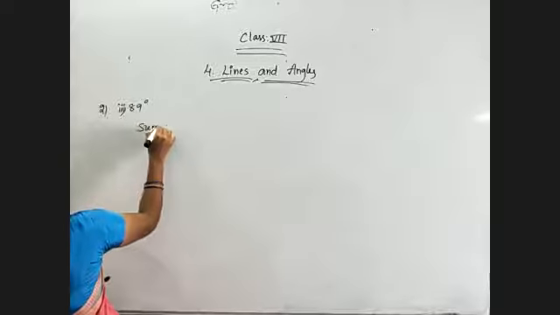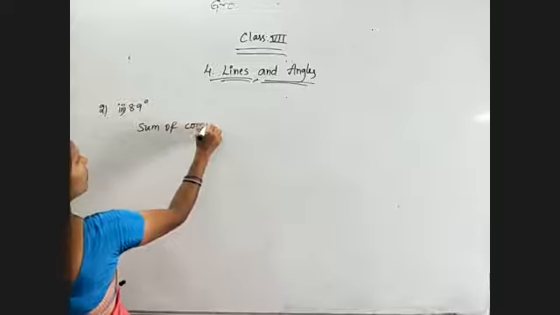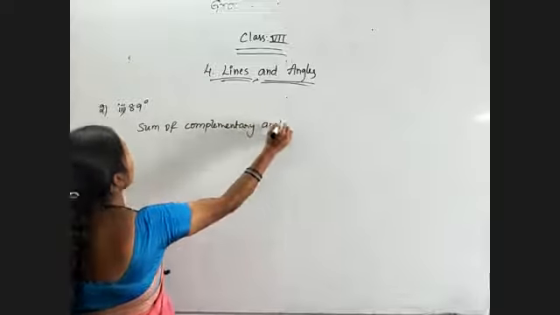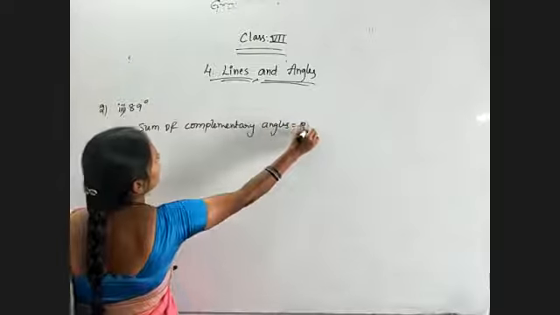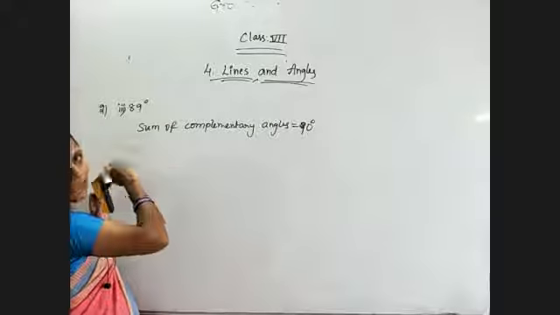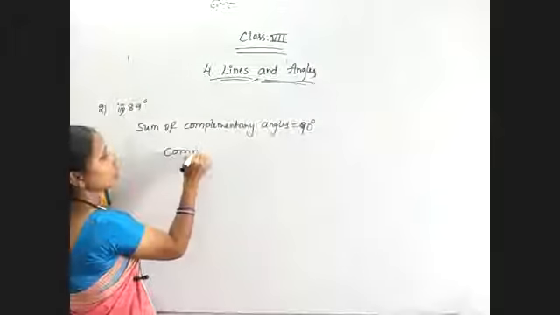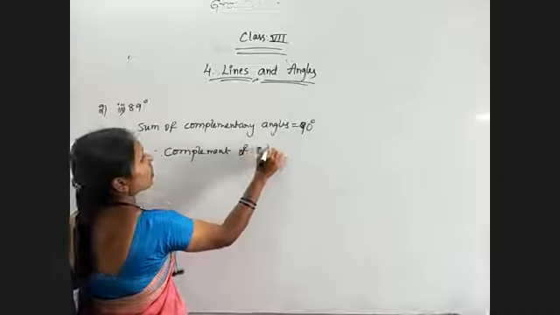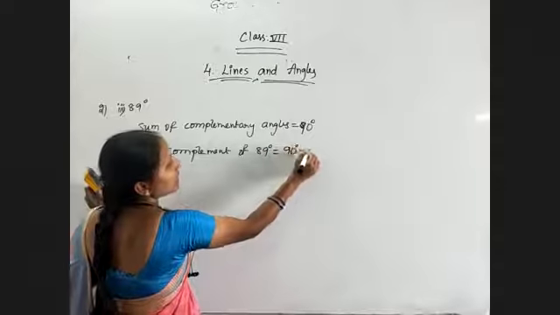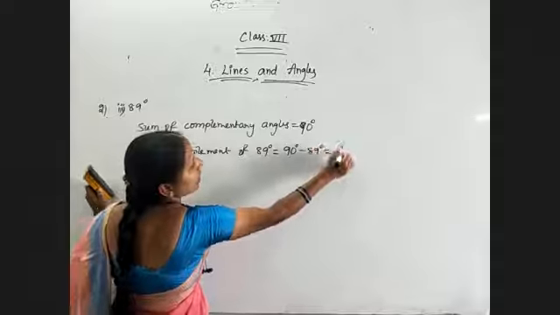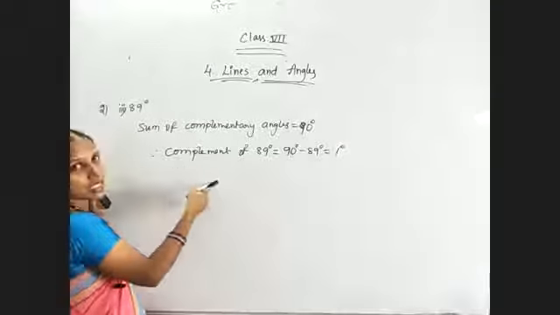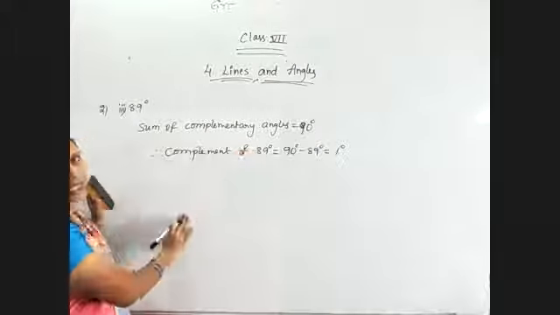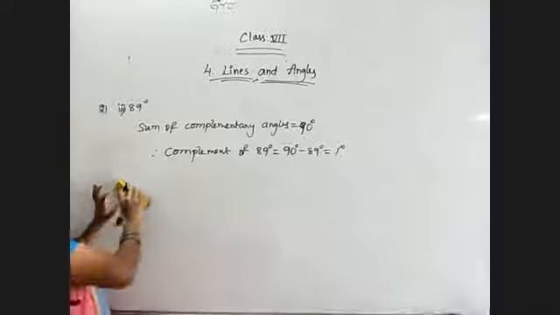The sum of complementary angles is equal to 90 degrees, and here one of the angles is given as 89 degrees. So the complement of 89 is equal to 90 minus 89, which is equal to 1 degree. That's it. The complement of x is equal to 90 minus x. So here the x value is 89. What is 90 minus 89? Simply 1, we can also find it this way.